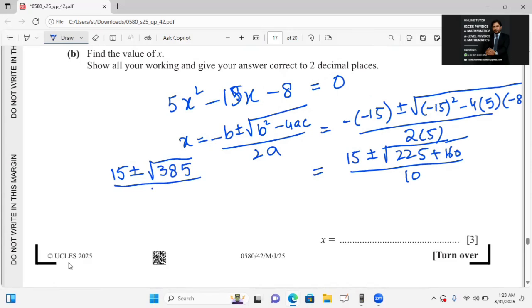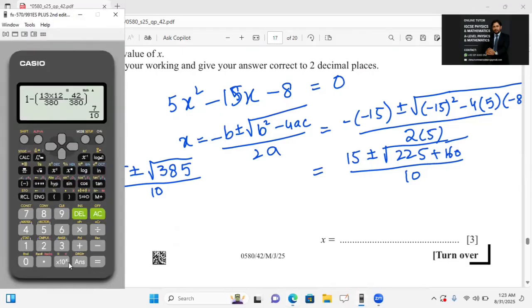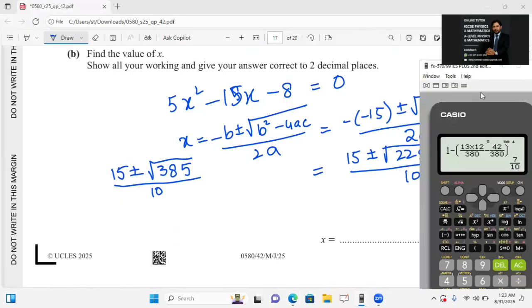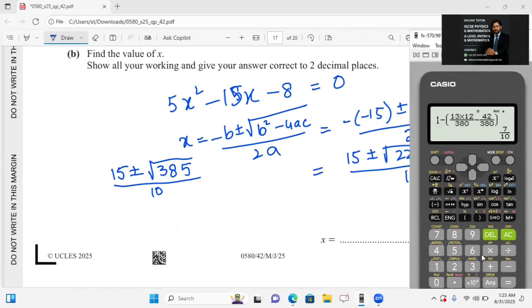So it is 15 plus or minus the square root of 385 over 10, and by getting the x value we can simplify it. Let's check in the calculator. That is easy, I think, so we should go for that. The better option is to go with the calculator here. Let's check what he is giving us.